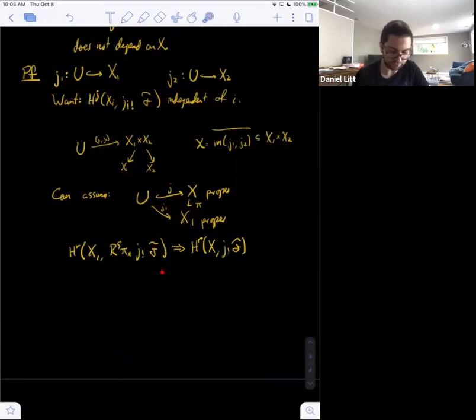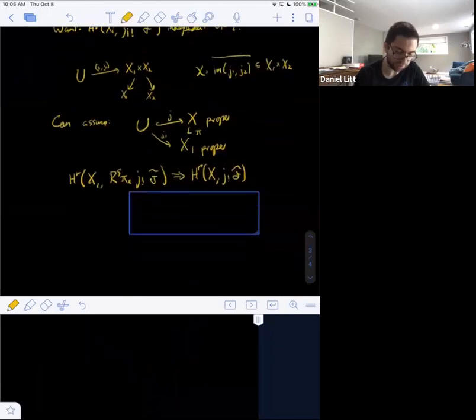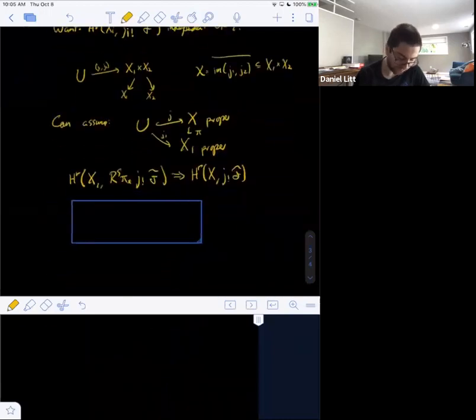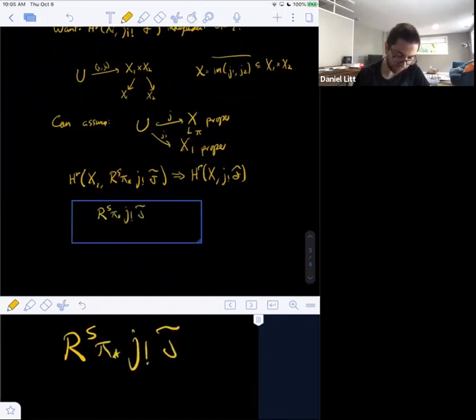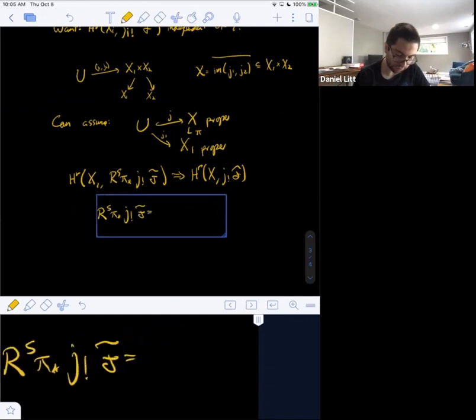And we would like to relate this thing on the left to the cohomology of X1 with coefficients in j1 lower shriek of F. So how would you go about that? What we want to do is compute these R^s pi lower stars of j shriek of F. So can anyone help me do that?